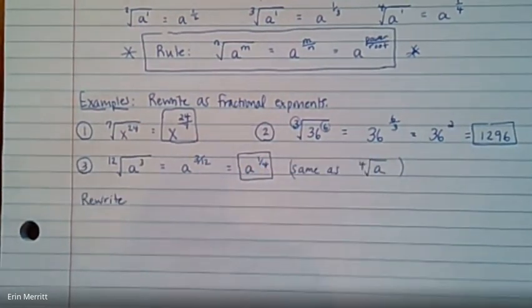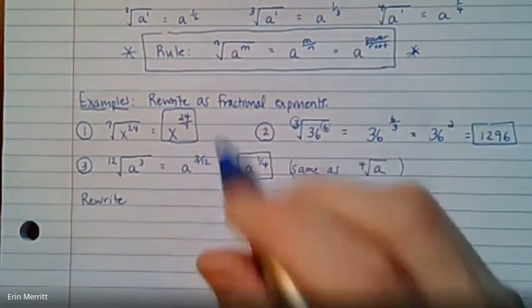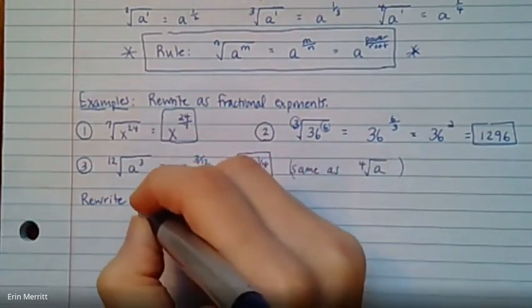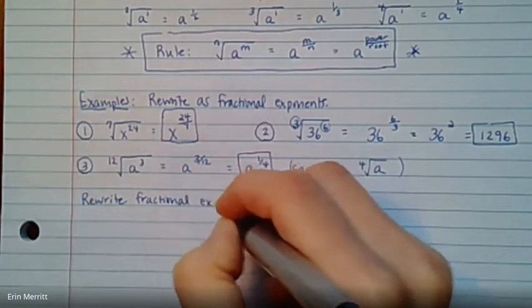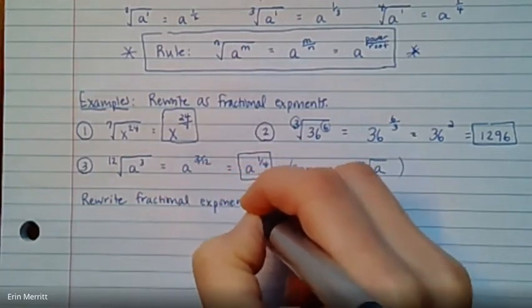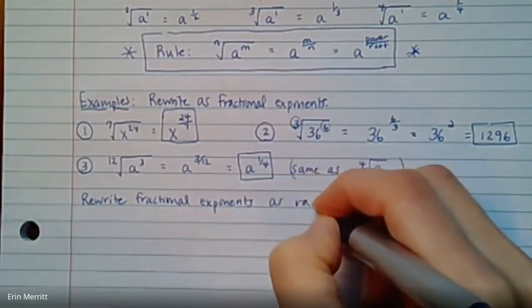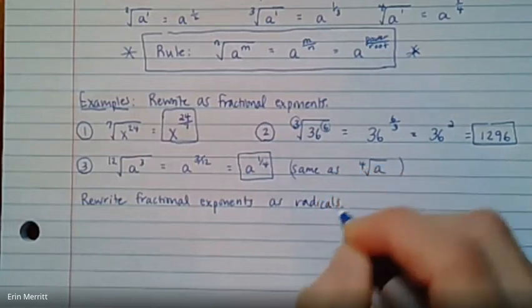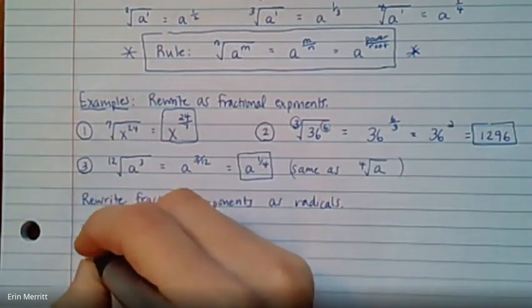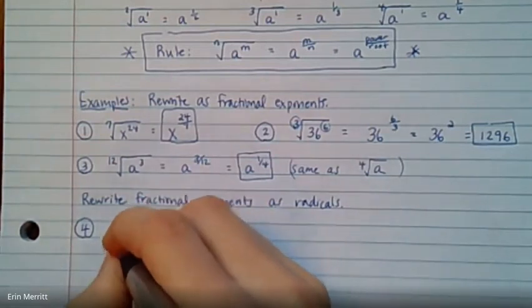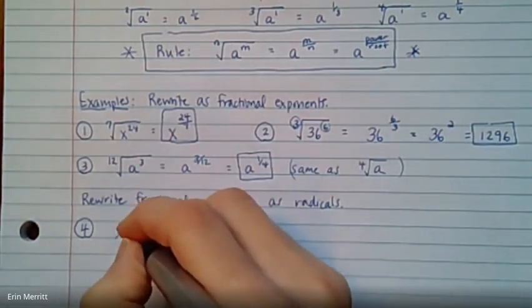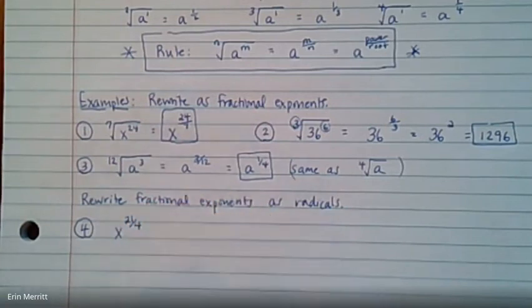Let's do a few where we rewrite the fractional exponents as radicals. So for number 4, if I give you x to the 21/4 power, slightly crazy looking, but that's okay.